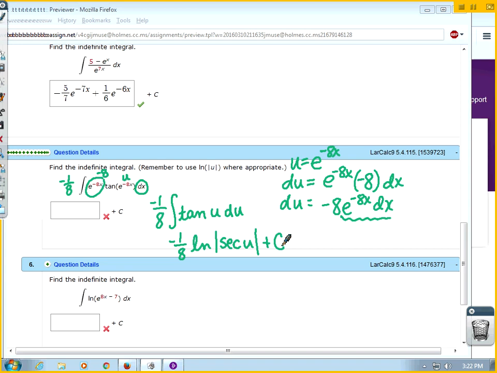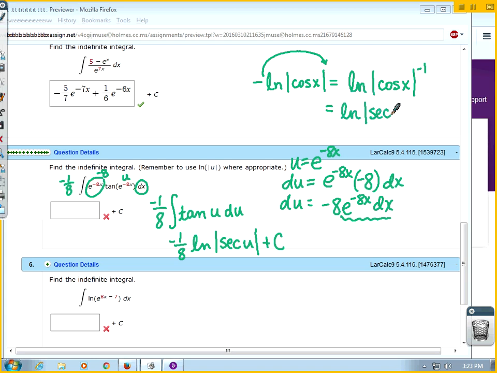So you end up getting negative natural log of cosine, here I'll write that down up here. So you end up with negative natural log absolute value of cosine x. But what they do is they bring that understood negative 1 up and make it an exponent. So it's really natural log absolute value of cosine x to the negative 1, which really means the reciprocal of cosine. So that is natural log of absolute value of secant x. Okay, so that's where that comes from.